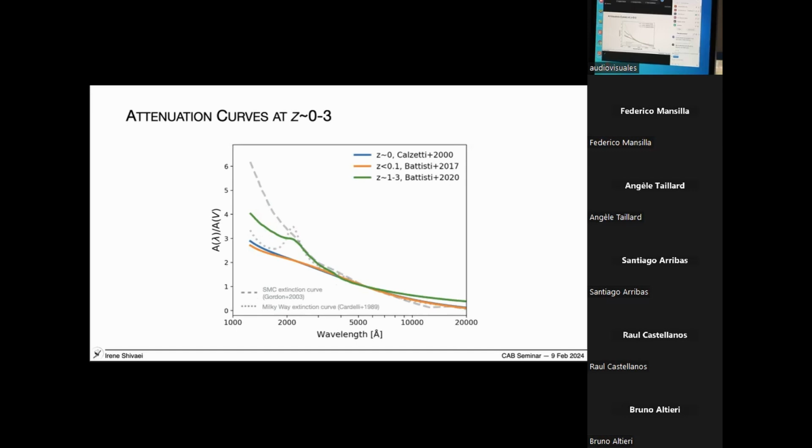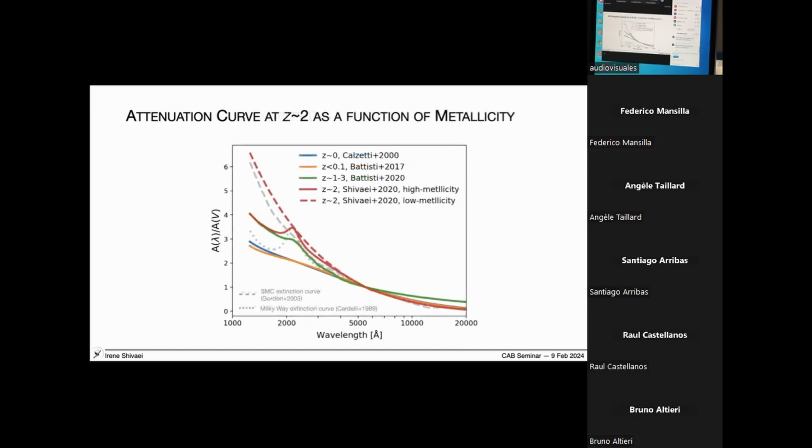So the only difference between them is the chemical abundances. And we found that indeed the shape of the attenuation curve is very different for the low metallicity and high metallicity curve. We see that the low metallicity curve has a very steep slope and no UV attenuation bump.